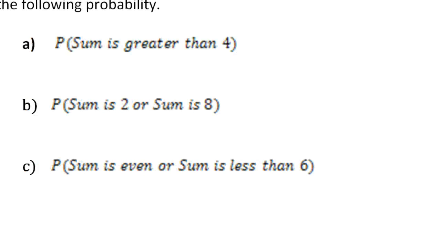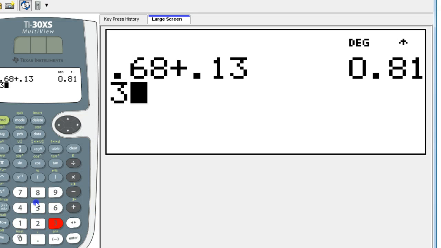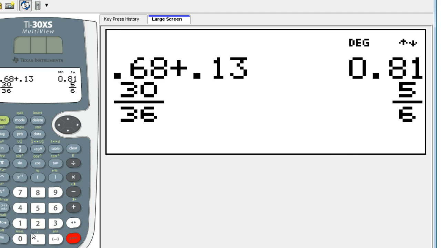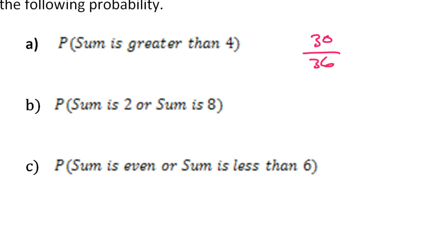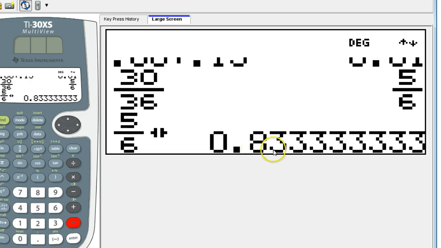So the probability is 30 out of 36. That is 5/6, which is the same thing as 83.33%.